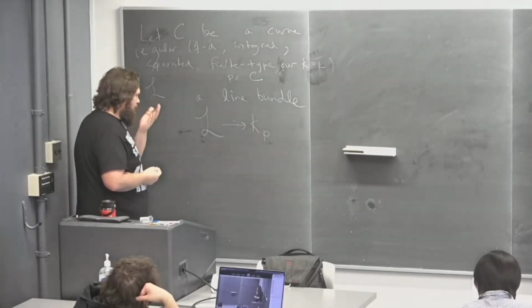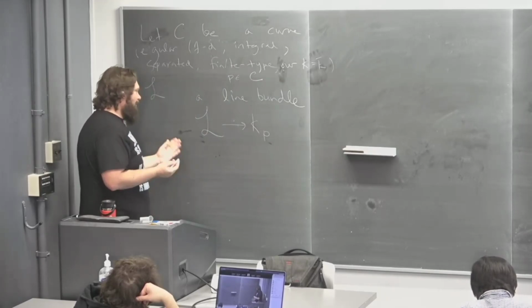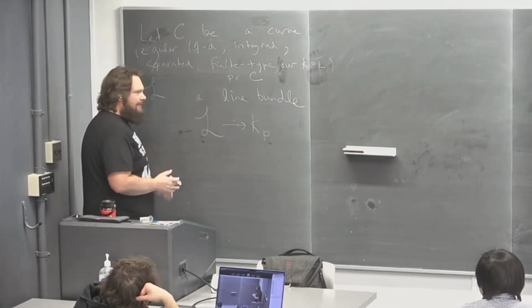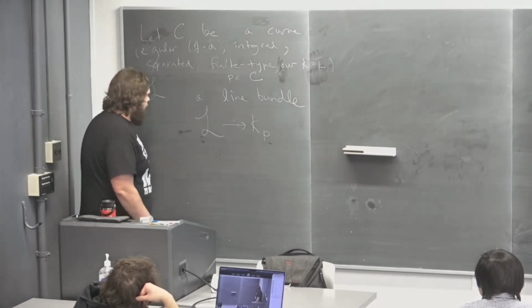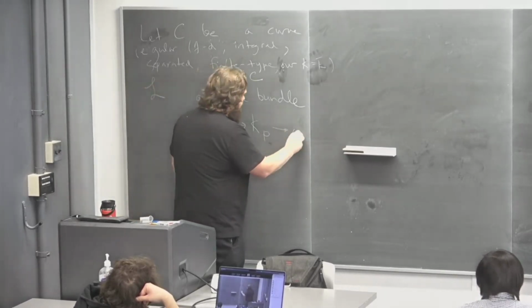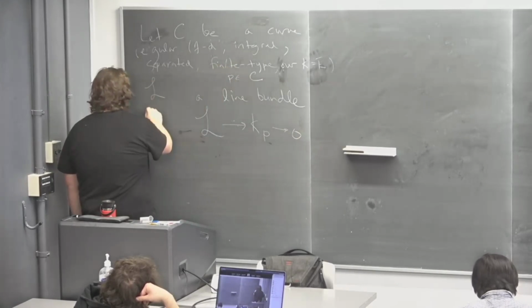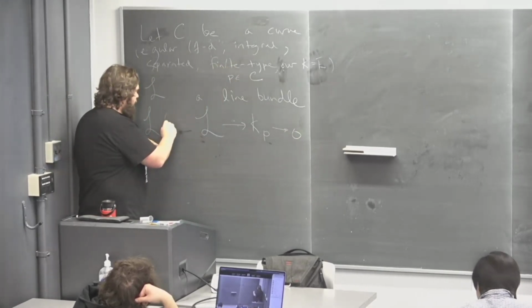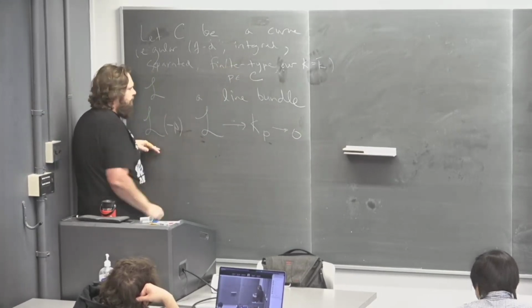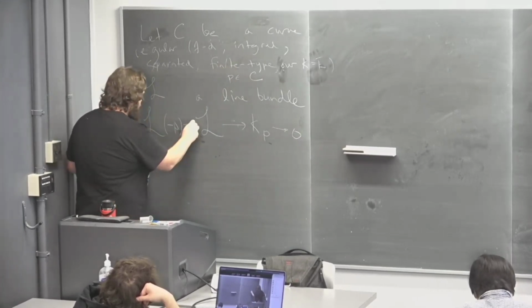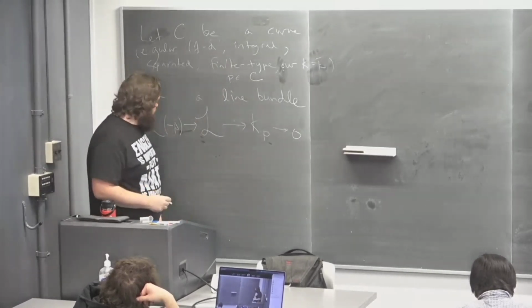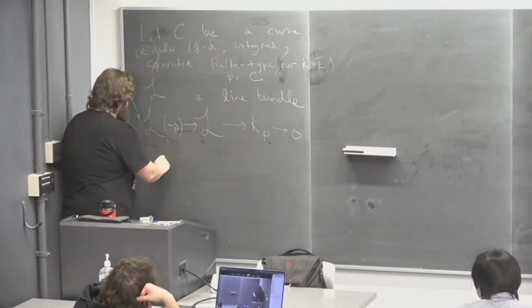Sometimes I want to think about things as maps between spaces, but let me think about this in terms of sheaves. What's the kernel of this map? Well, it's the sections of L that vanish at P. So it's L tensored with O of minus P, whatever this means.